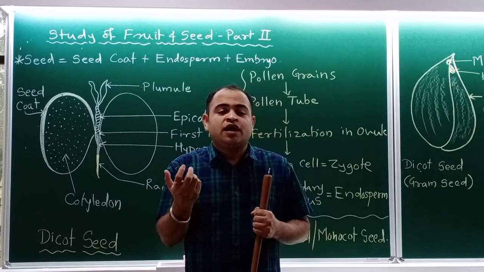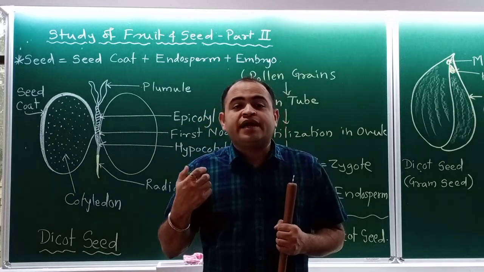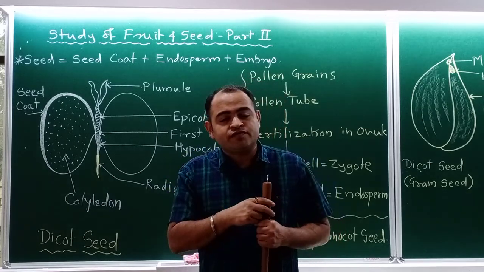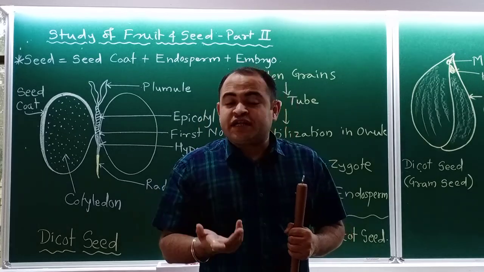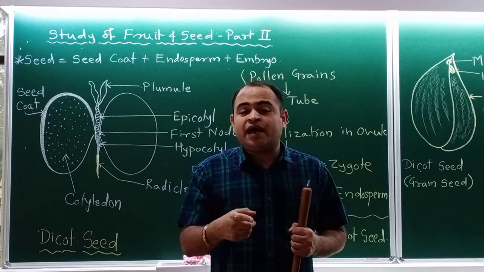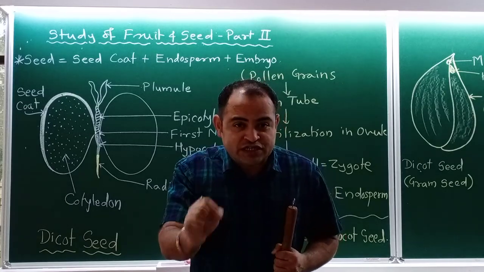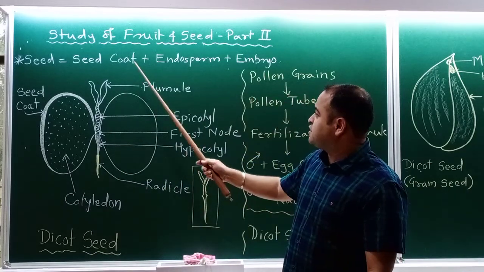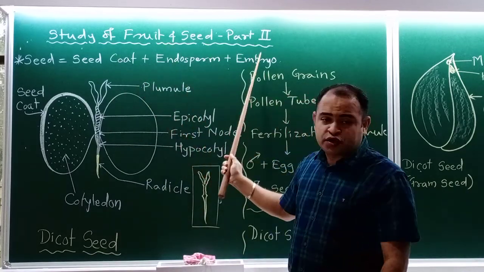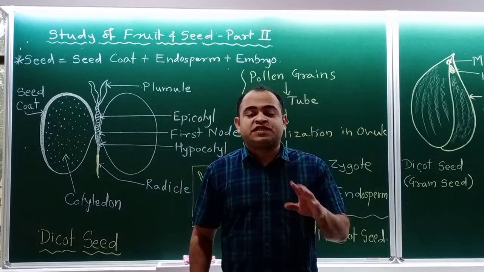Those elements are always provided by the endosperm. How is endosperm formed? Endosperm is formed as a result of double fertilization. So I am deliberately using this word, double fertilization. This topic, the study of fruit and seed part 2, is all about the study of seed.